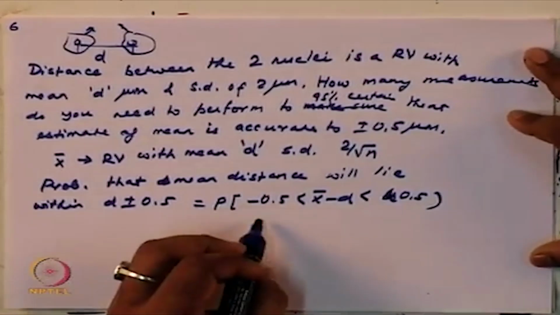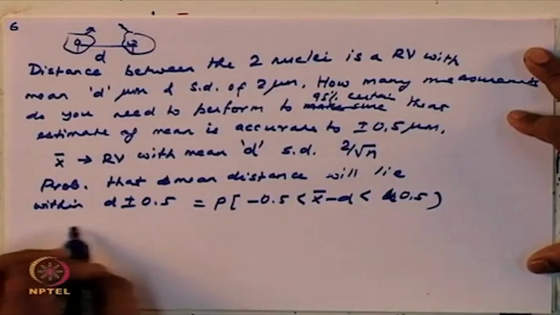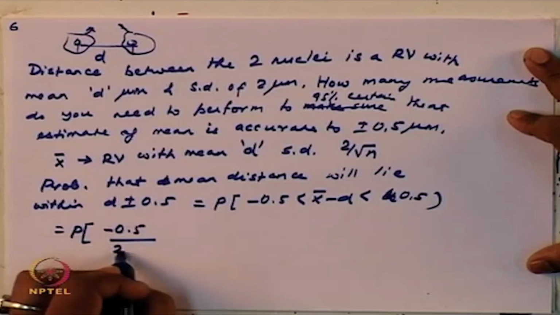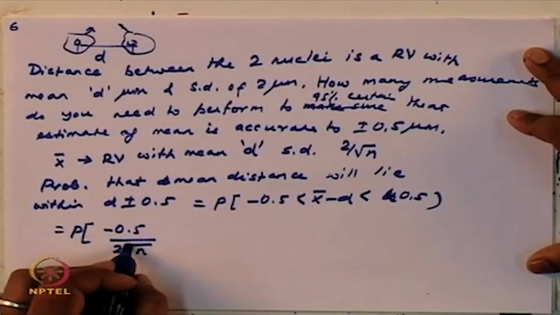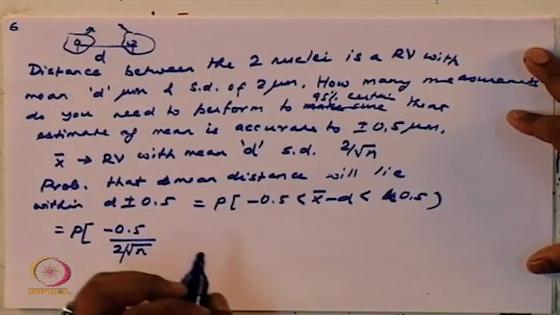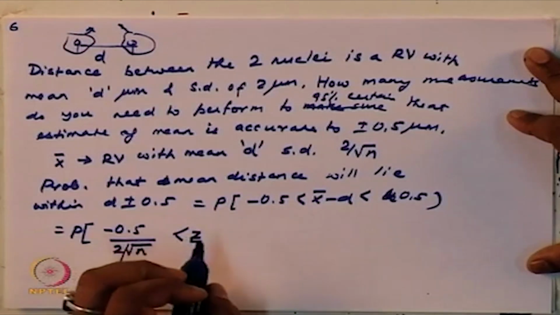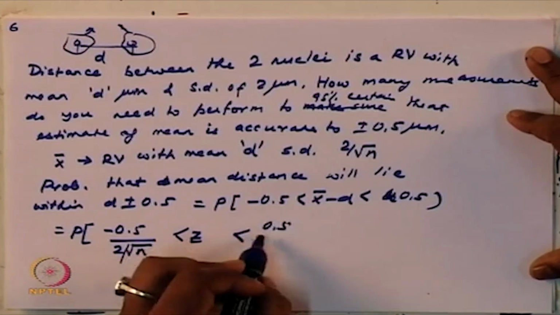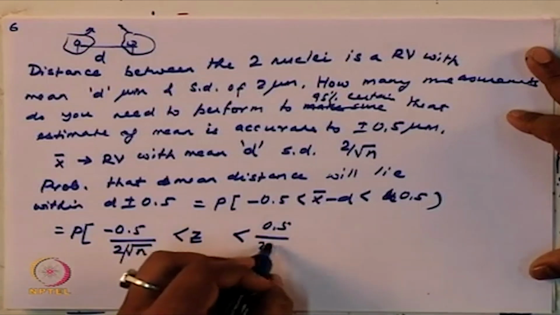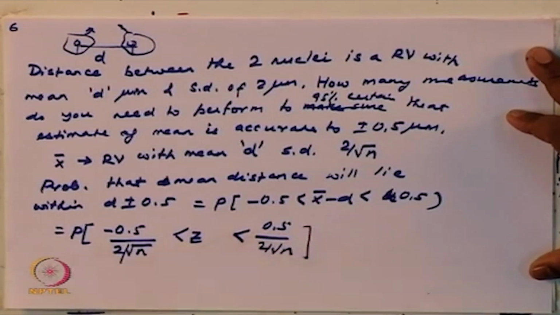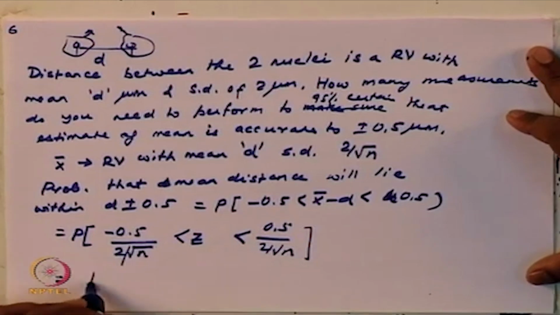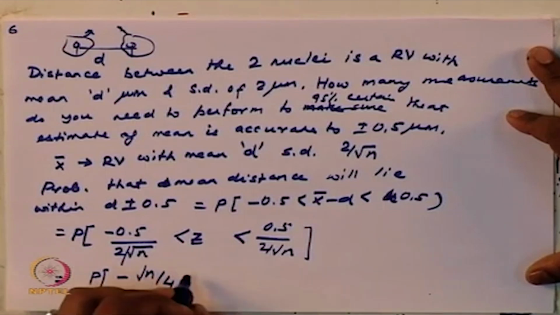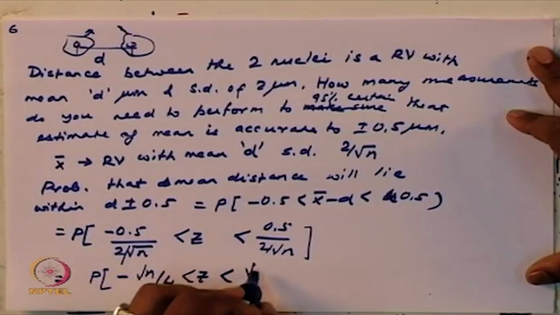I can convert this into the standard normal variable. So, this is the same as the probability of minus 0.5 divided by 2 by root n, less than z, less than 0.5 divided by 2 by root n, and this is equal to the probability of minus root n by 4 less than z less than root n by 4.